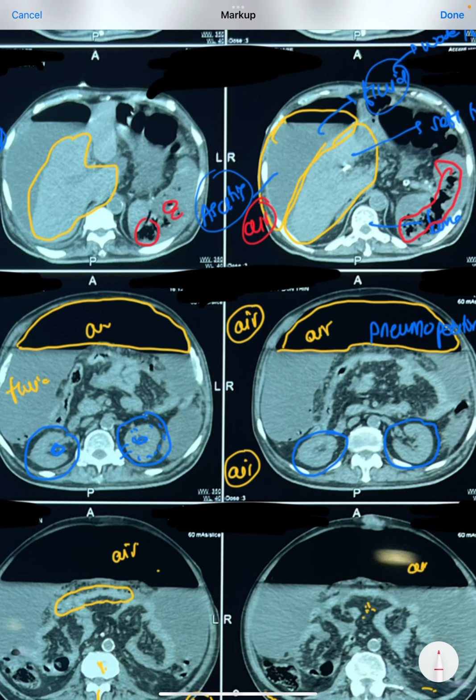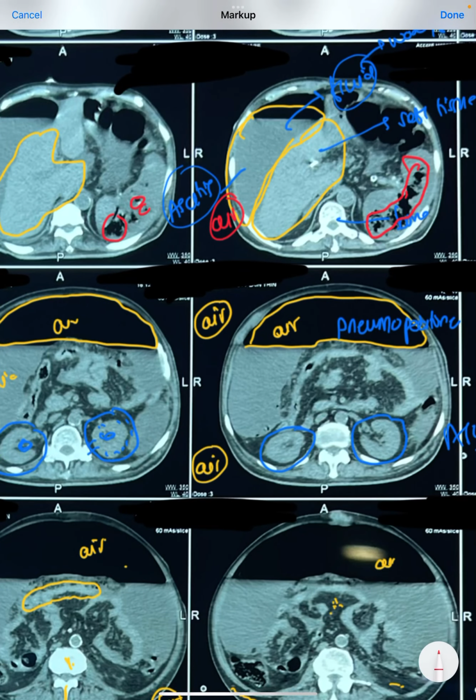So if there is air inside the spleen, it means the spleen is damaged. There are so many bacteria in the spleen which are actually causing digestion of the spleen, meaning they are damaging the spleen. They are causing liberation of air, and this air is not only in the spleen, but is also going into the free abdominal cavity, which is causing pneumoperitoneum.